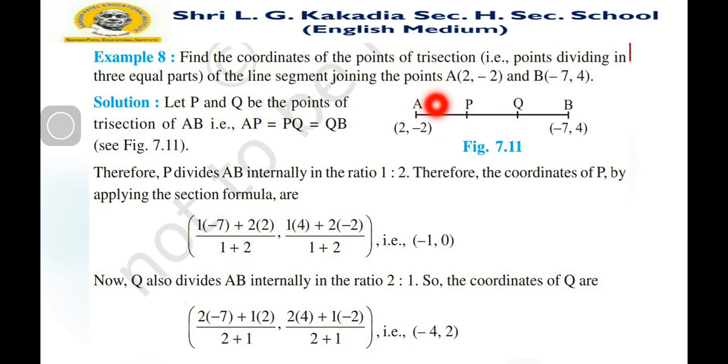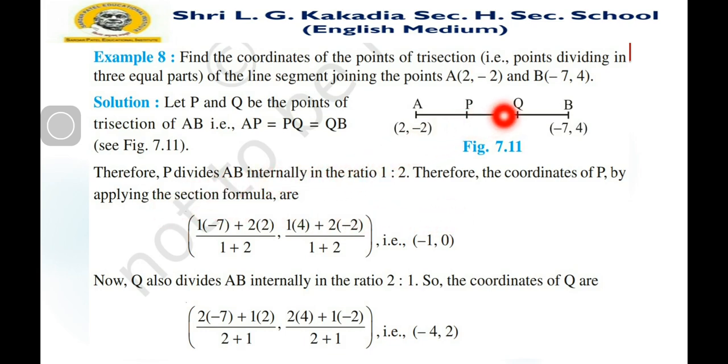Therefore, the coordinates of P by applying the section formula are m1 x2 plus m2 x1, that is 1 into minus 7 plus 2 into 2 upon 1 plus 2, and m1 y2 plus m2 y1, that is 1 into 4 plus 2 into minus 2 upon 1 plus 2. That is, coordinates minus 1 comma 0.